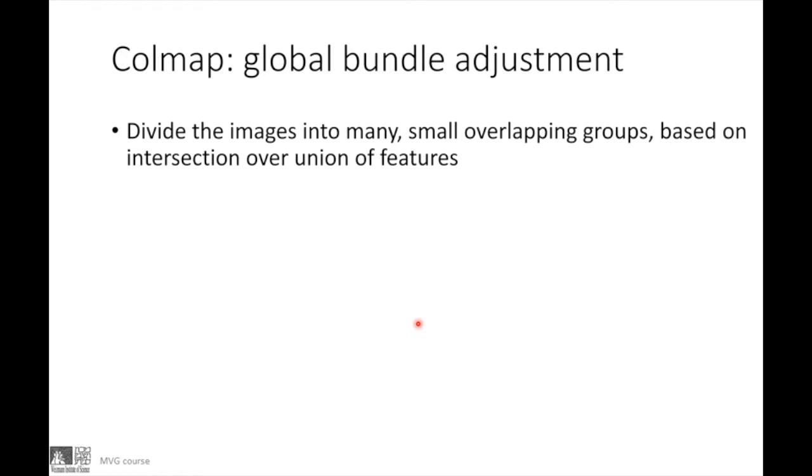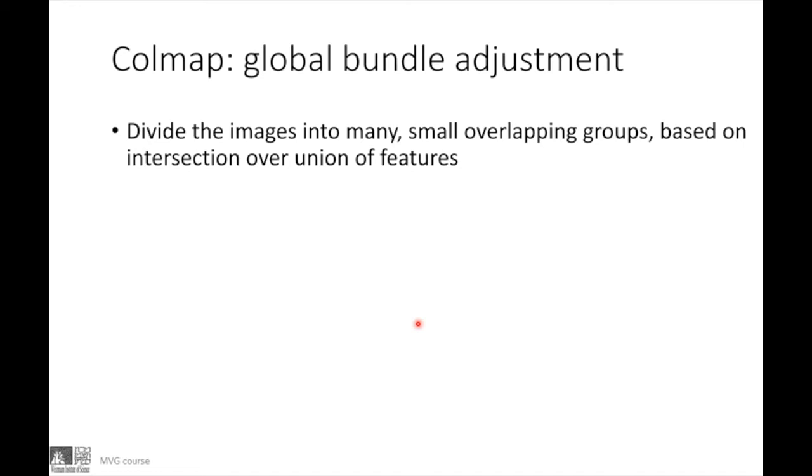And finally, in the global bundle adjustment step, which they applied to the entire data set, but they could also apply it sometimes within the algorithm. Okay, what they did is they didn't apply it directly to all the images.